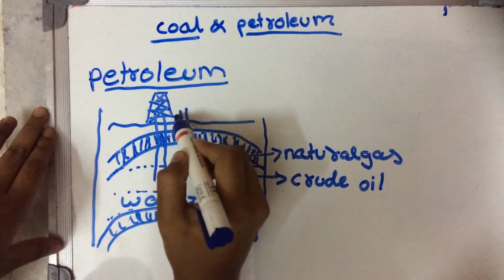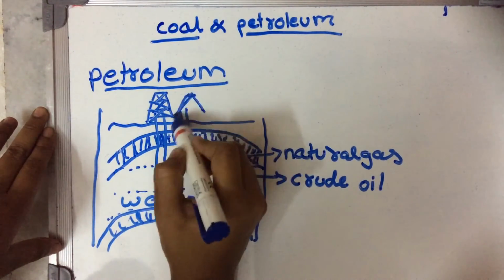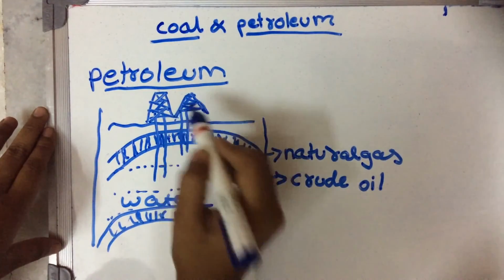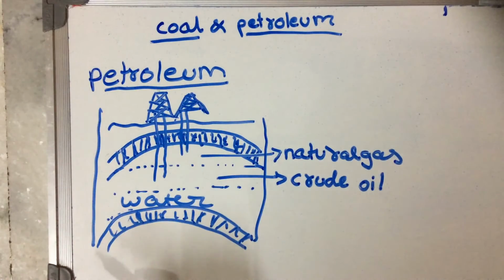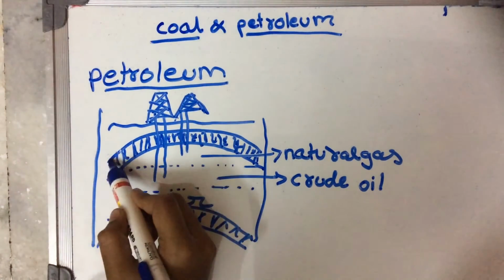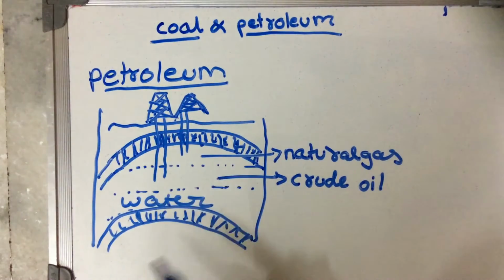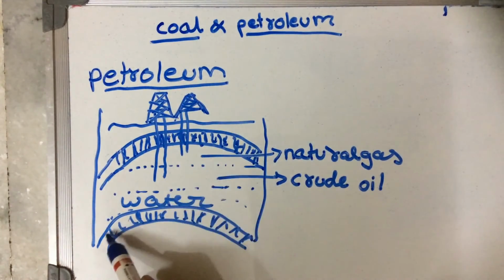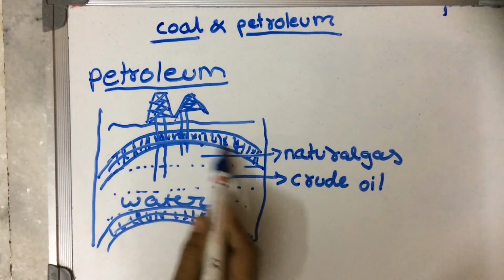So here are the wells. This is the main diagram of an oil well. You can see the water, petroleum and natural gas trapped between two layers of impervious rocks.